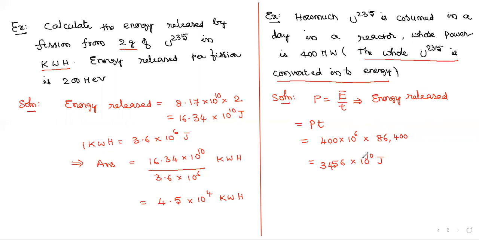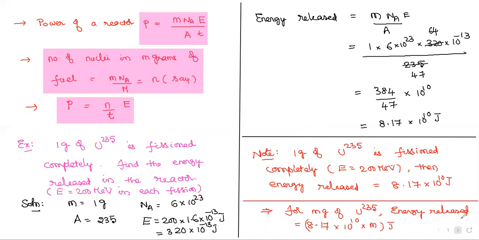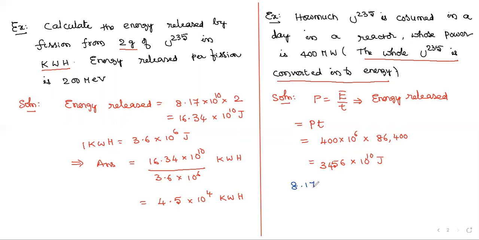So the student tries to do like, what after getting this energy? He will try to solve. You gave the shortcut, sir: 8.17 into 10 to the power of 10 joules of energy you will get from 1 gram. So here 3456 into 10 to the power of 10 joules, you will get from how much mass?